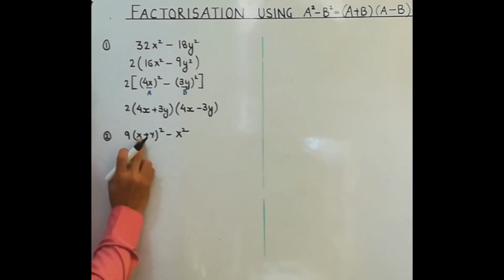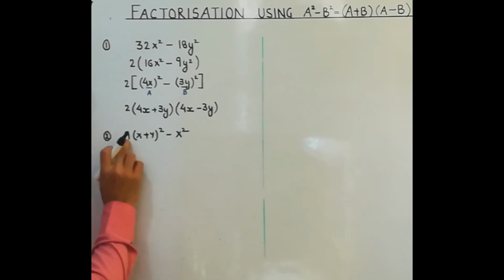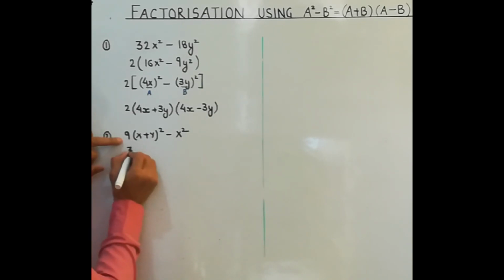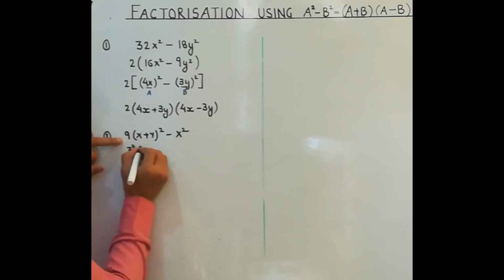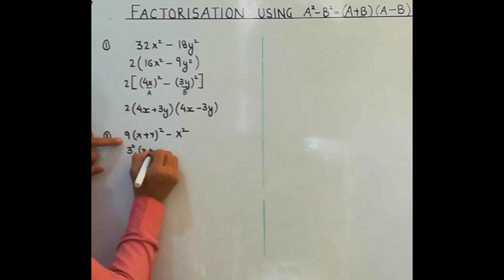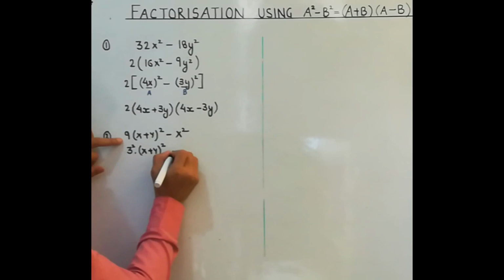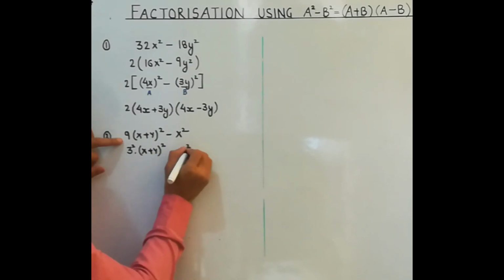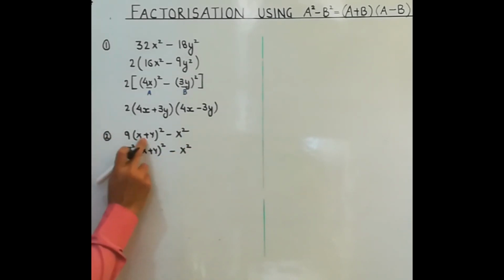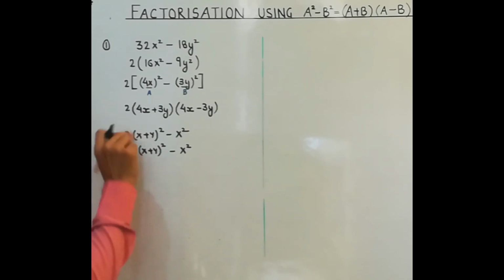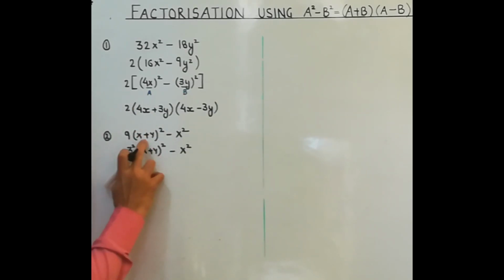We will convert the factors in the product into squares. This can be written as 3 square into... whenever you are finding the product, just see if these two products can be converted into square form. This one was already in square form, this we have converted into square form.